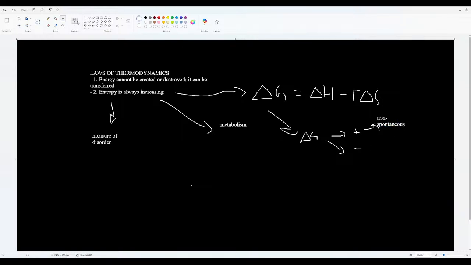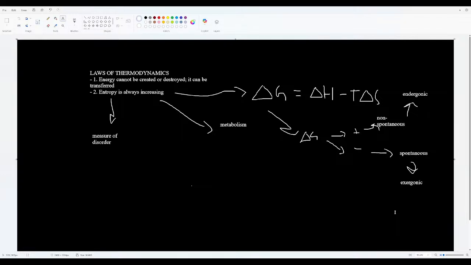And when it's negative, it's going to be spontaneous. When something's non-spontaneous, it is going to be endergonic. And when it's spontaneous, it's going to be exergonic.